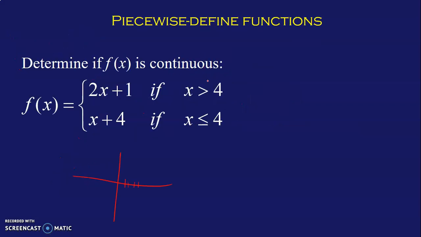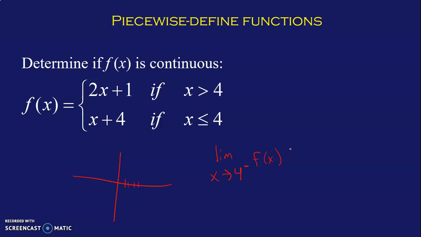All right, so in this function, it's broken up and it's defined one way for when x is greater than 4 and another way for when x is less than or equal to 4. So we know that x equals 4 is the interesting point. So let's use calculus notation. The limit as x approaches 4 from the left, that would be when it's less than or equal to 4.